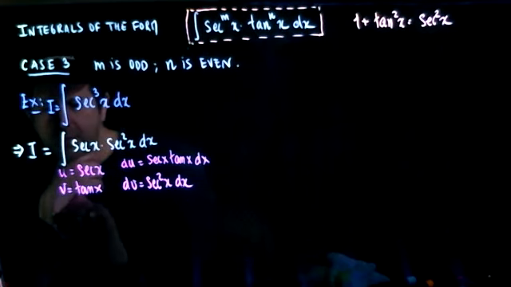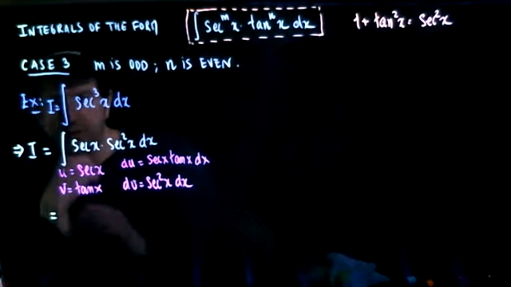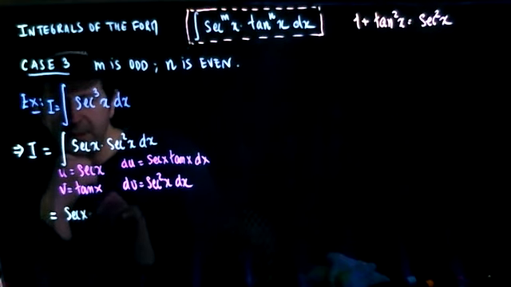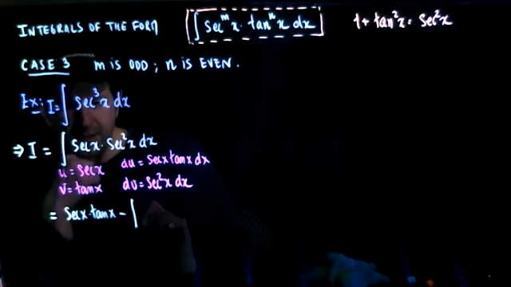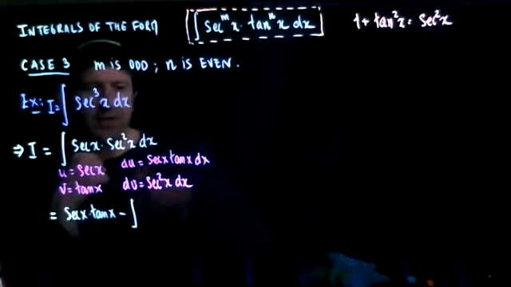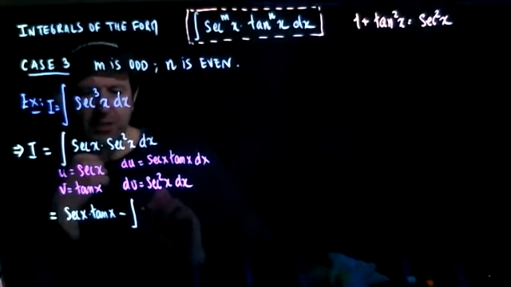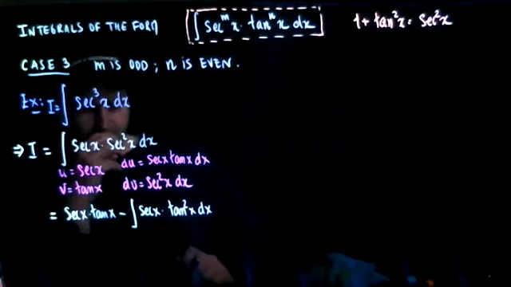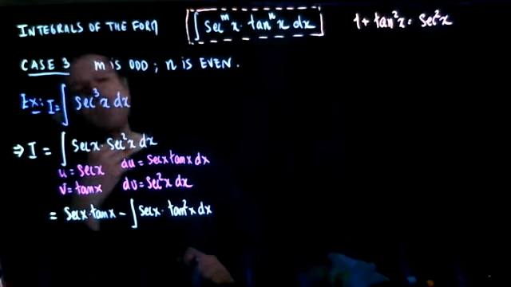So I is equal to what? My integral here is equal to uv, secant x tangent x, minus the integral of v times du, which is secant x times tangent squared x dx. So far, so good?